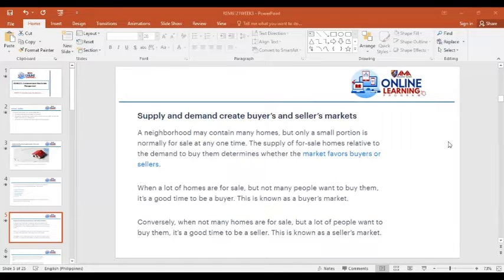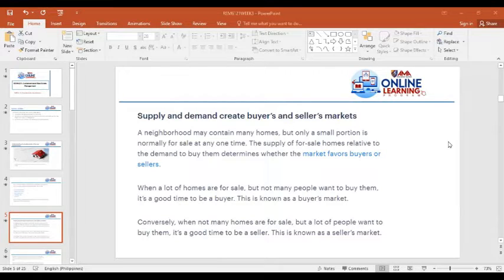So we have to look for lots for sale in our area, and if you think that this area is good, purchase those lots and look for a potential buyer. Conversely, when not many homes are for sale, but a lot of people want to buy them, it's a good time to be a seller. This is known as a seller's market.